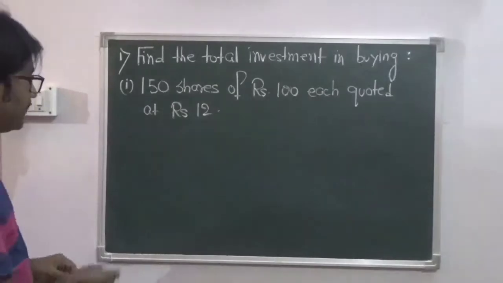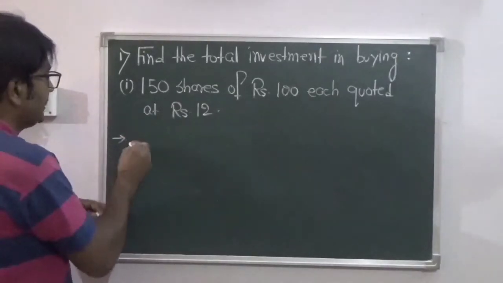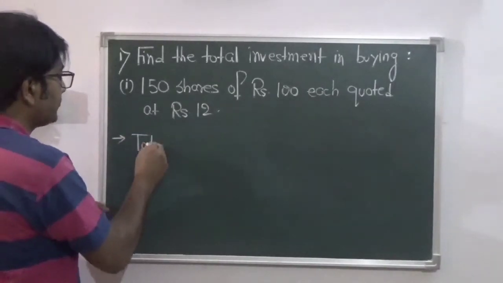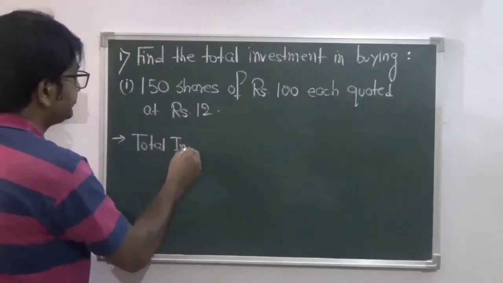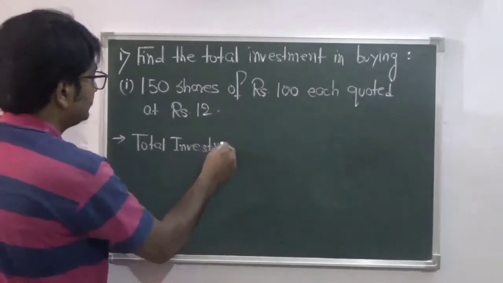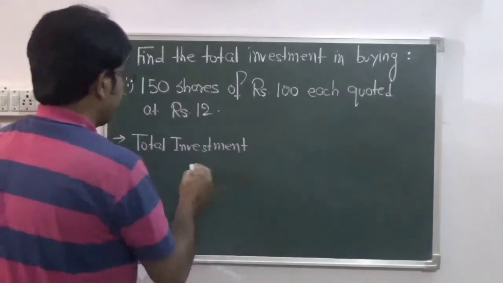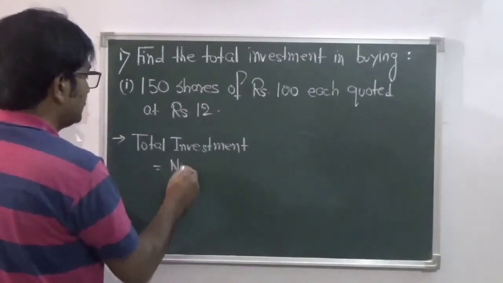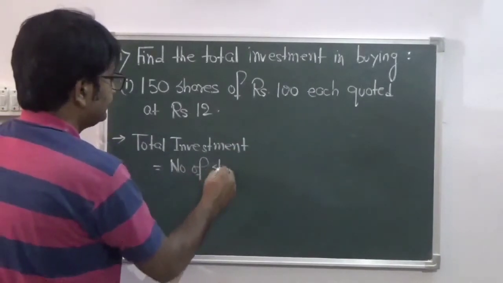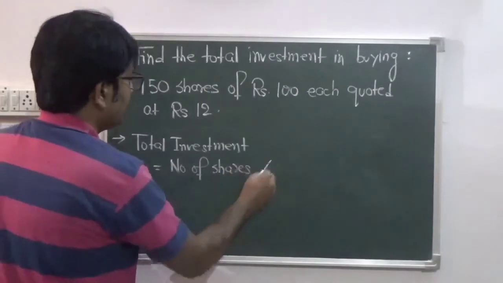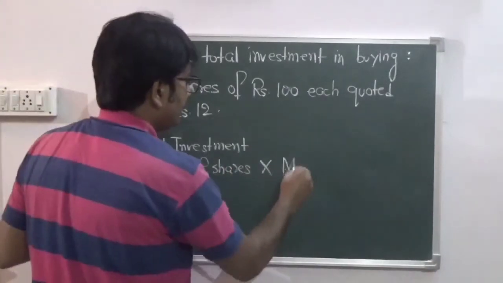So we know from our discussion that the total investment is equal to the number of shares multiplied by the market value of one share.